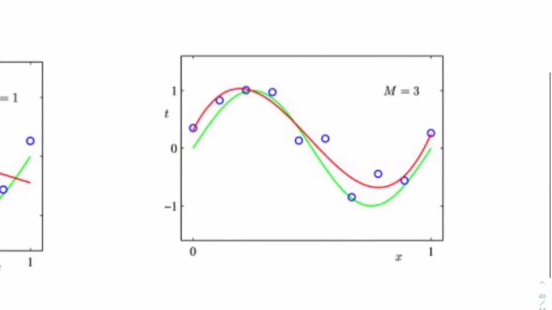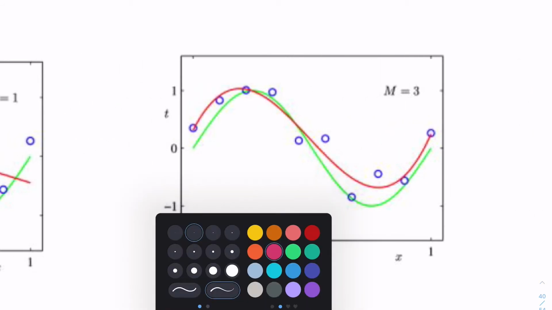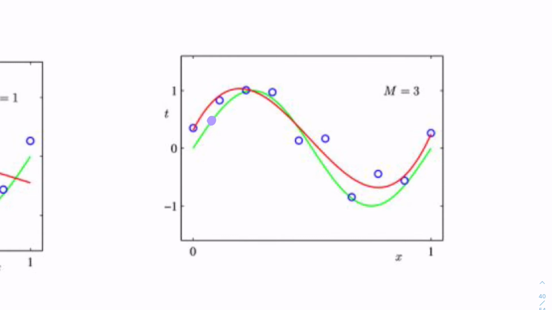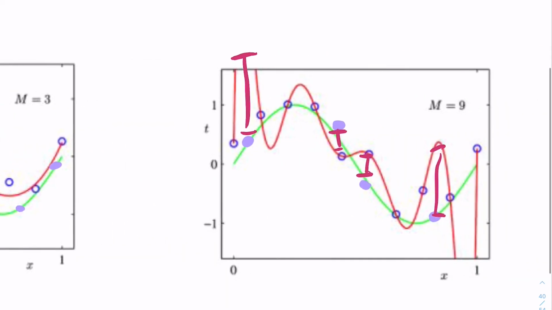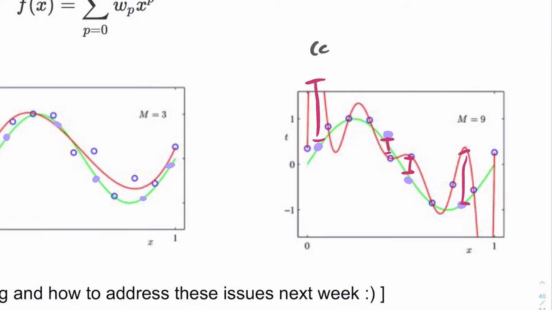Where if we look at M3, if I take any new testing points from along this green line, they're all going to be pretty close, right? So what does this mean? This means that if we look at the cost for M9, so let's say the cost of the training, that's much, much less than the cost of our testing set, right?